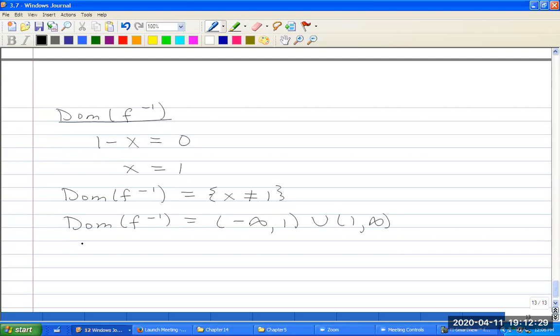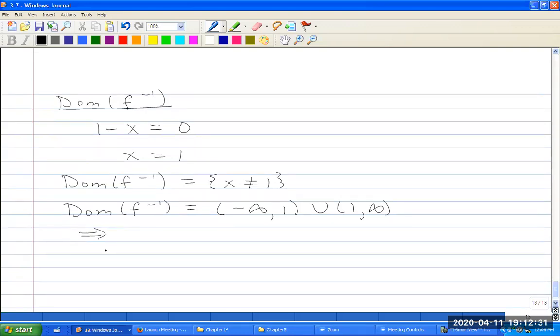Therefore, the range of my original function is the set of, we don't call them x's in this case because it's a range. So you would actually say the set of all y's not equal to 1. That's why I wanted to write it this way.